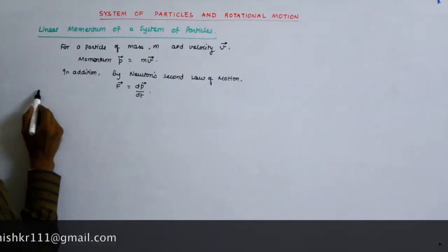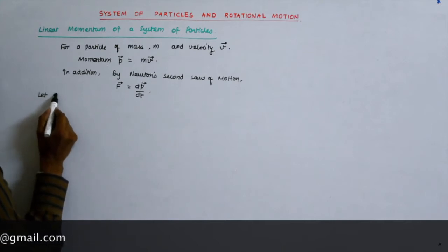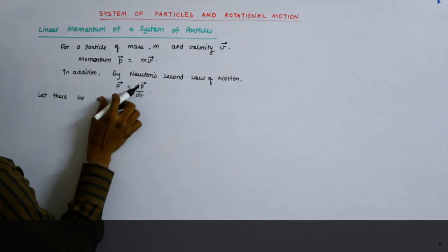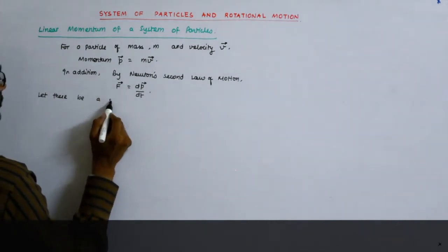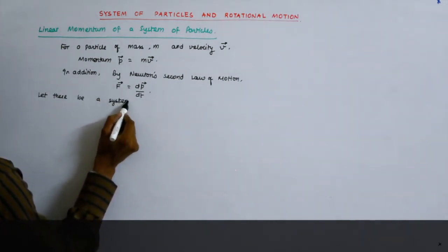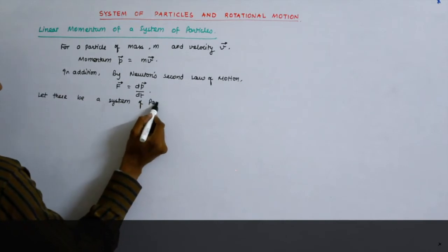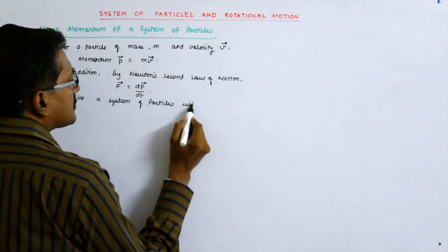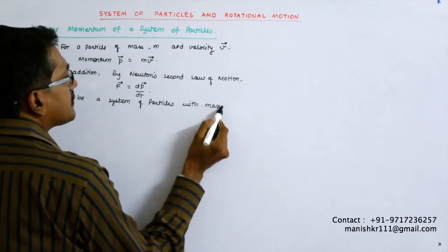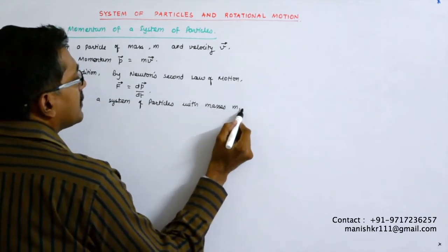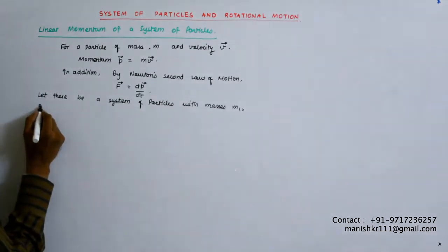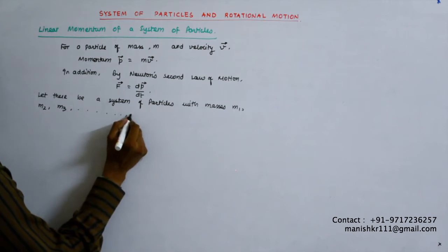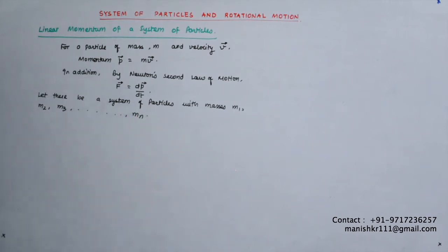Now let there be a system of particles with masses m1, m2, m3, mn.